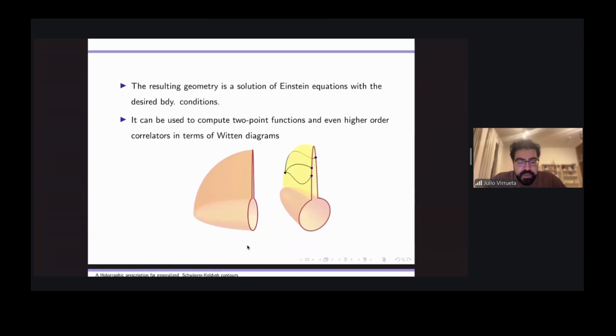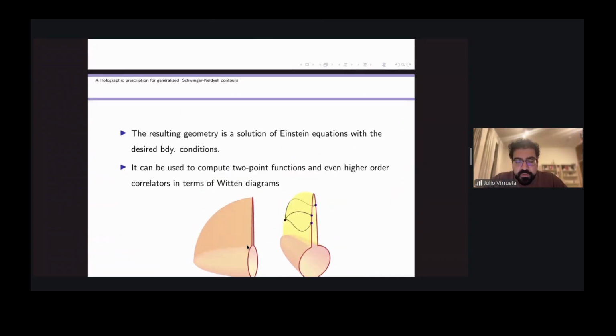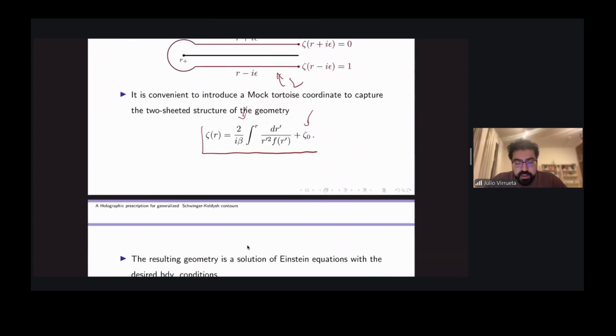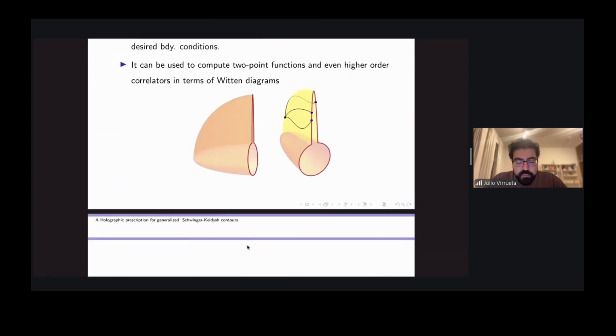So, a nicer picture. There is the final geometry that you end up with. This is a nicer version of this, right? So the thing that you end up with is kind of what you want. You wanted a solution of Einstein's equations in the bulk, which is this thing, whose boundary is the Schwinger-Keldysh contour, right?